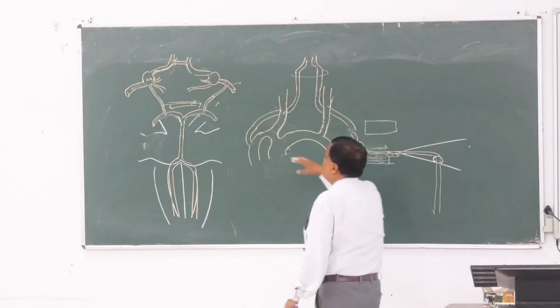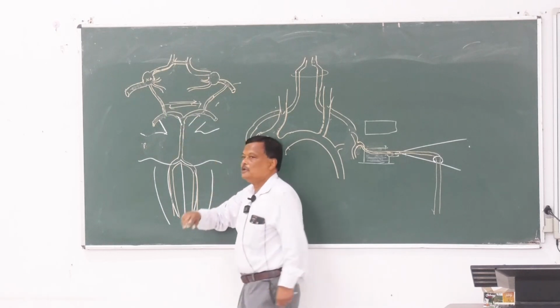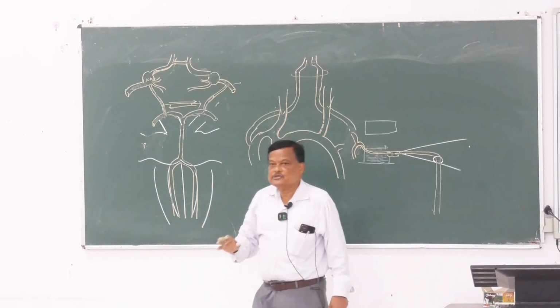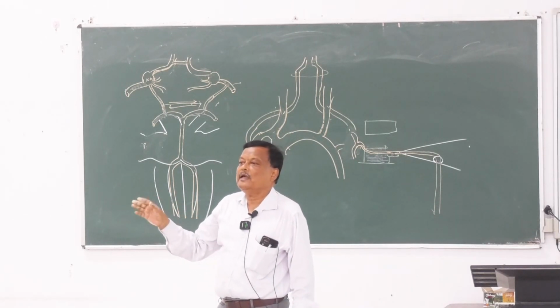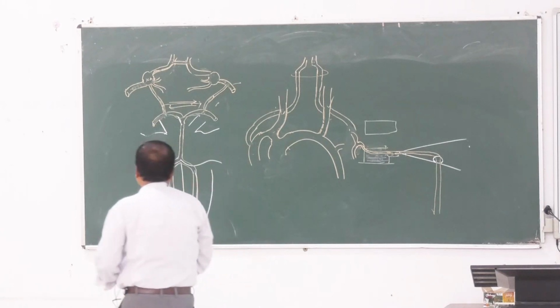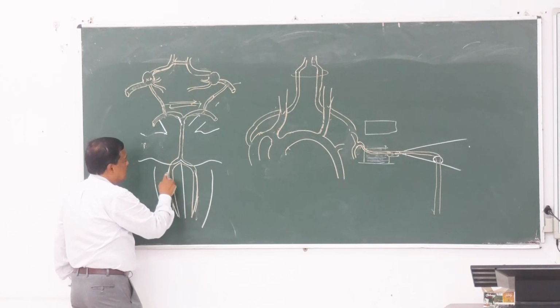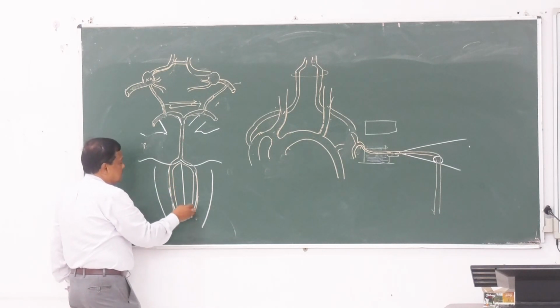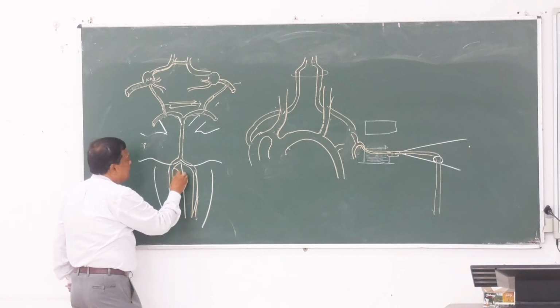Now, besides the anterior, middle and posterior cerebral arteries, we have to know certain other branches of the vertebral artery and the basilar artery. The vertebral artery also gives the anterior spinal artery.